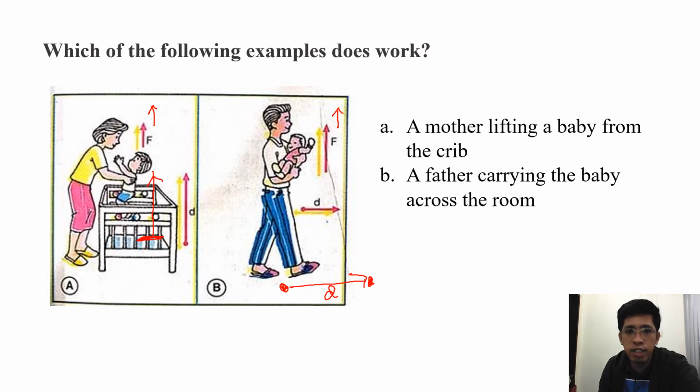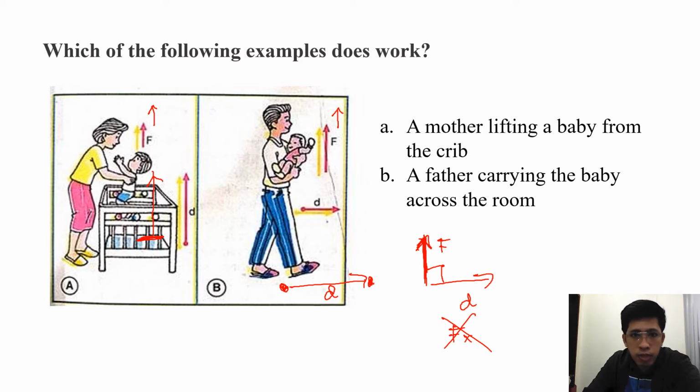But in the second situation, the force of the father is upward, but the displacement of the baby is to the right. These are at 90 degrees, and there is no component of this force which is parallel to your displacement, so there is no Fx here. The x component of the force is not available, since the displacement is along the x-axis. So for situation B, no work is done.